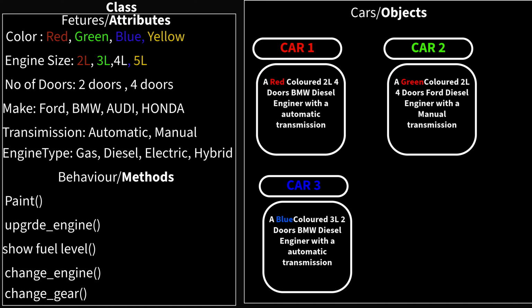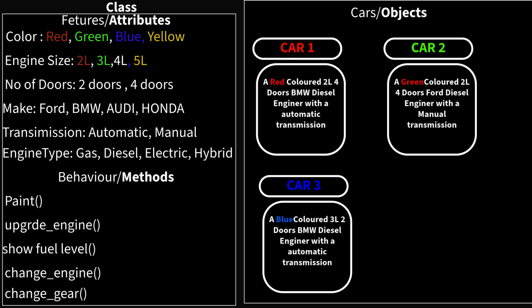Now you're going to call that method and say, hey, can you change the color of the car from red to green? So that the customer gets what he wants. What paint does is it takes the color attribute, acts on it, and literally changes the color from red to green.